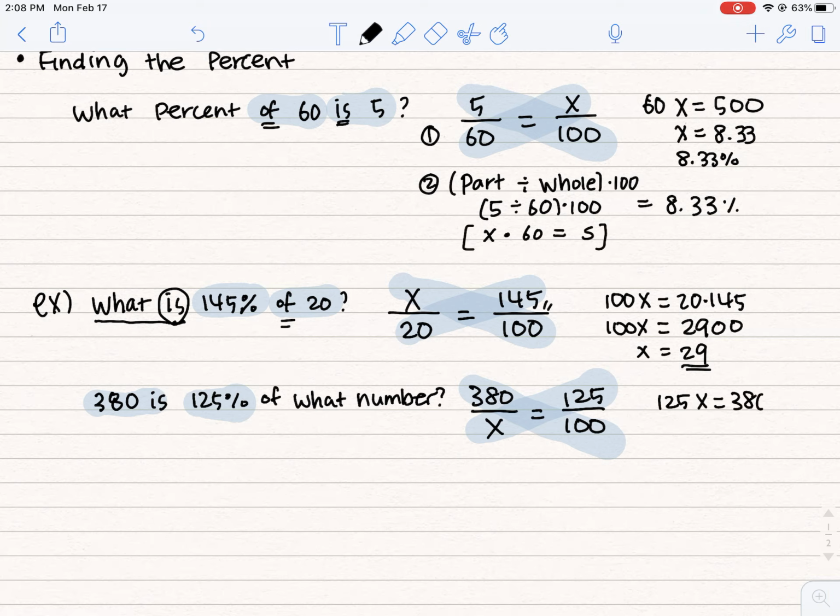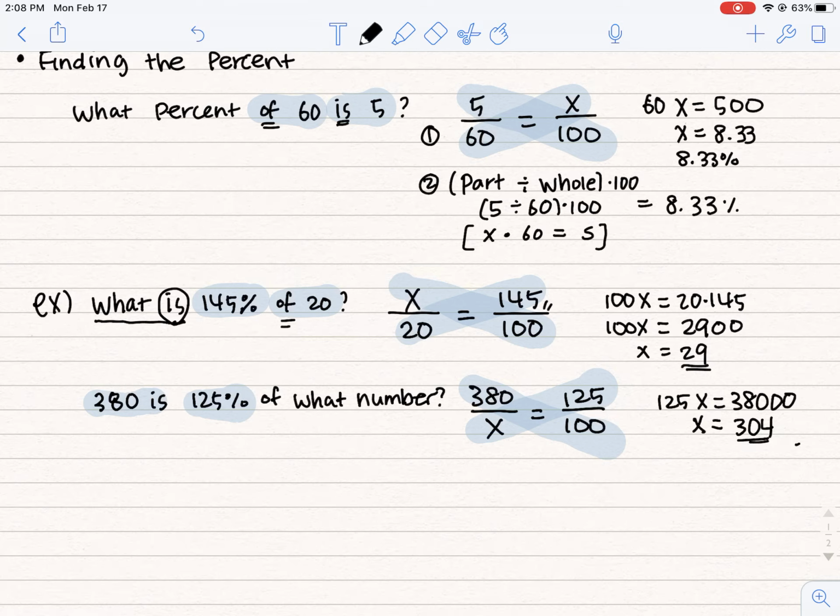125x equals 380, and then times 100, so I'll just add two zeros. That way I don't really have to write more. So 38,000 divided by 125 gives you x equals 304.